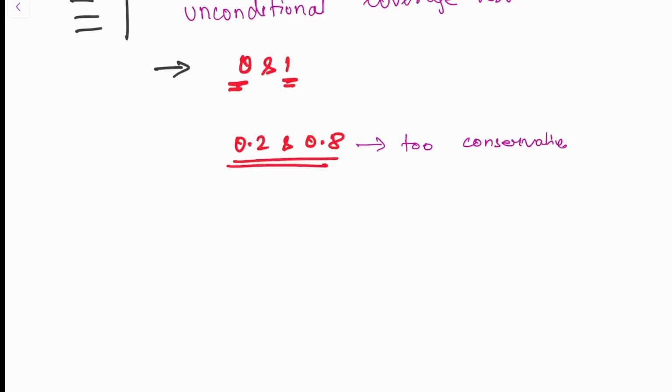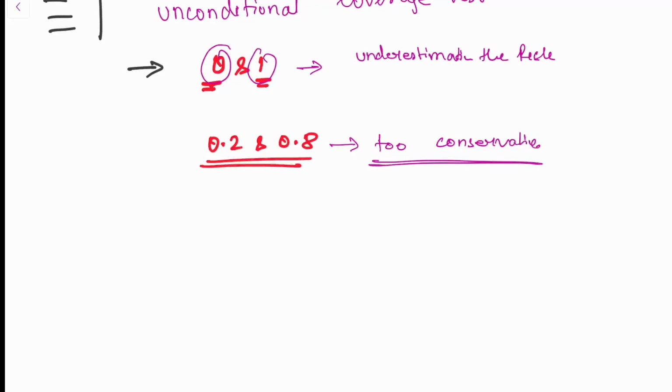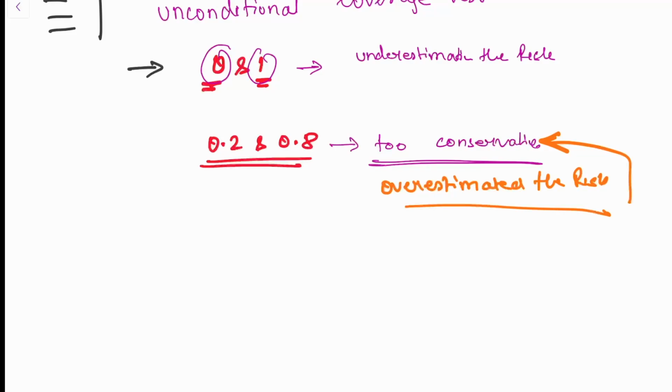And if the PIT values are either close to 0 or close to 1, then the model is underestimating the risk. Clear? So over here it's too conservative. They have overestimated the risk. That means they have kept a good amount of capital for the reserves. Clear? Because they have overestimated the risk and they're trying to be conservative.